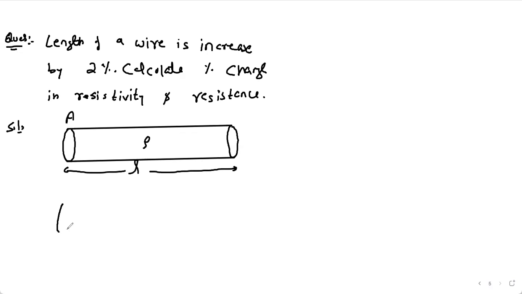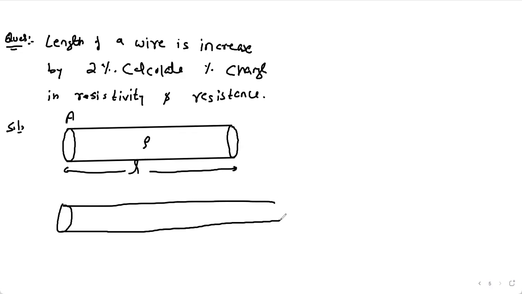Now I increase the length of the wire. When I increase the length, then area of cross section will decrease. When I stretch something, its area decreases. So the new length is, let's say, L prime. New area is some A prime.